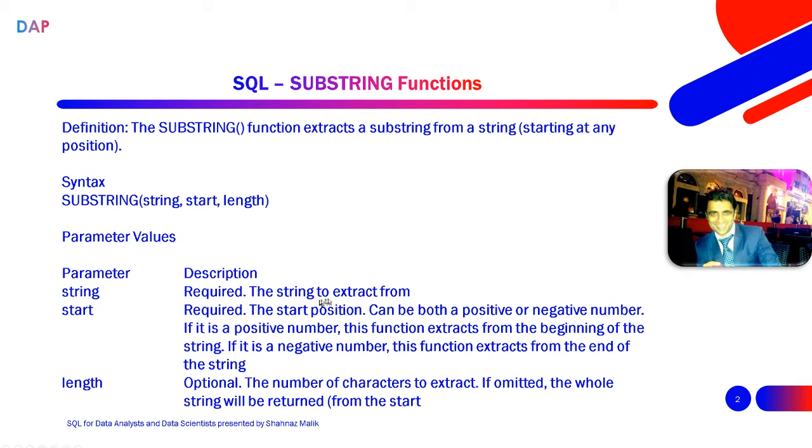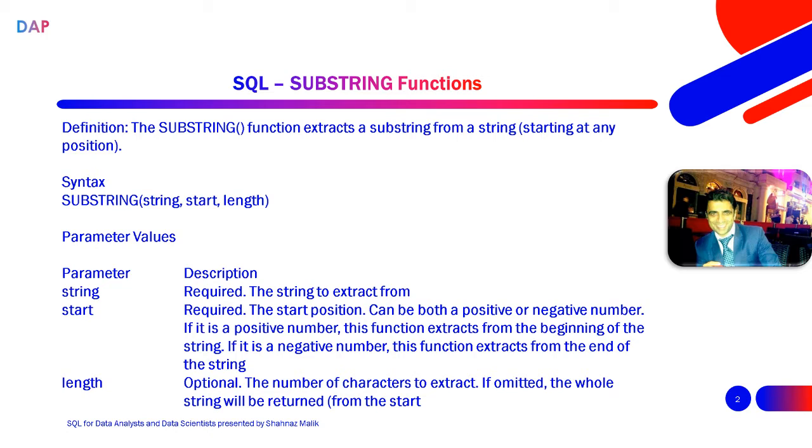The string is the one to extract from. The start parameter is also required. It is the start position and can be both positive or negative, depending on your situation, what you are trying to extract, and whatever suits your problem. If it is a positive number, this function will extract from the beginning of the string.